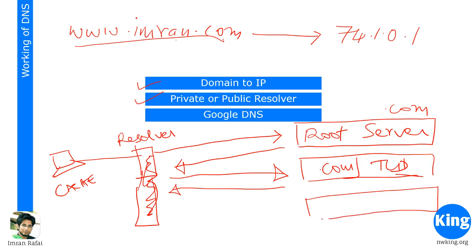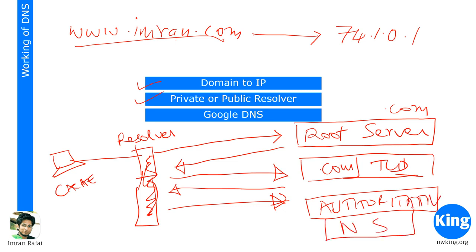Then the resolver sends that request to the authoritative name server. This is the authoritative name server, and it says, okay, imran.com is available at 74.1.0.1.